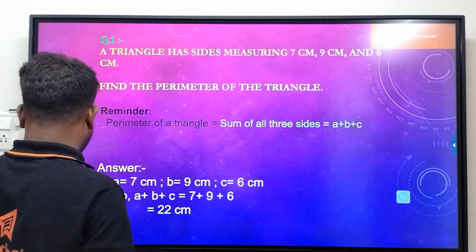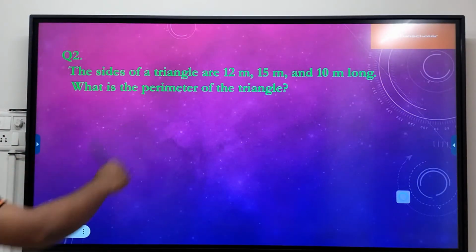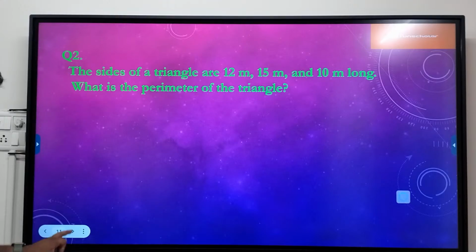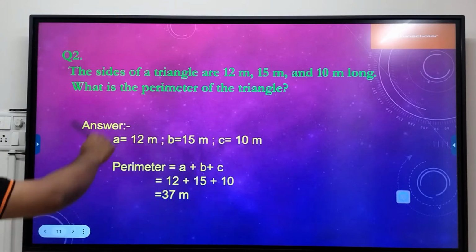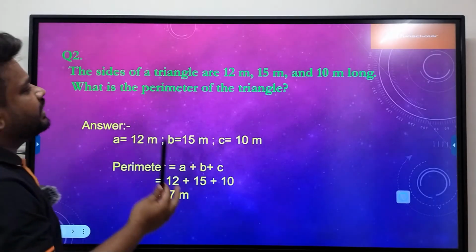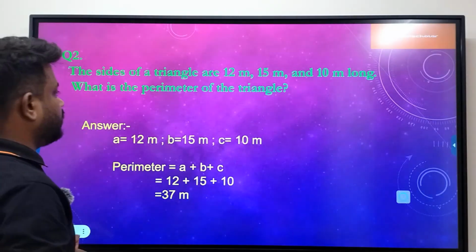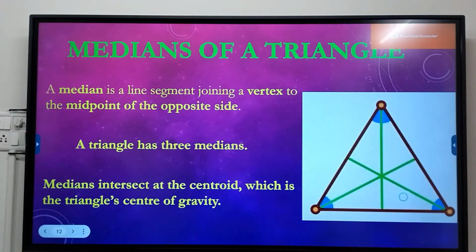This one is pretty easy. Another sum: the sides of a triangle are 12, 15 and 10 meters long. What is the perimeter of the triangle? The perimeter will be the addition of all three sides and the answer will be 37 meters.